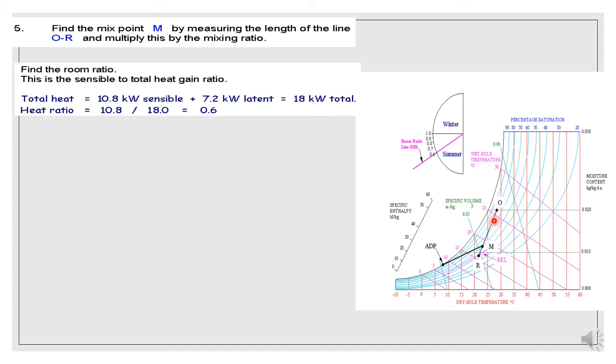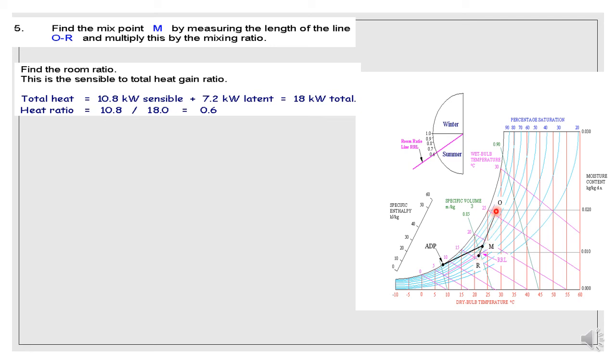Okay, maybe some of you have a question: how do we actually draw the mix point condition? Because we have this straight line, and we know the proportion of the room air or return air and the outside air, which is 80 to 20. So just measure this line.